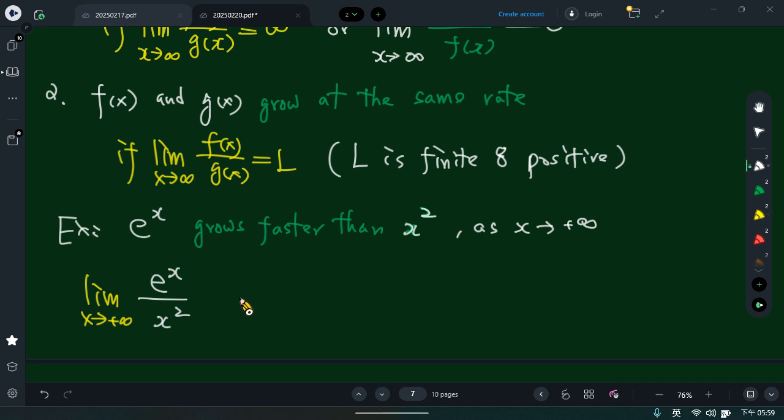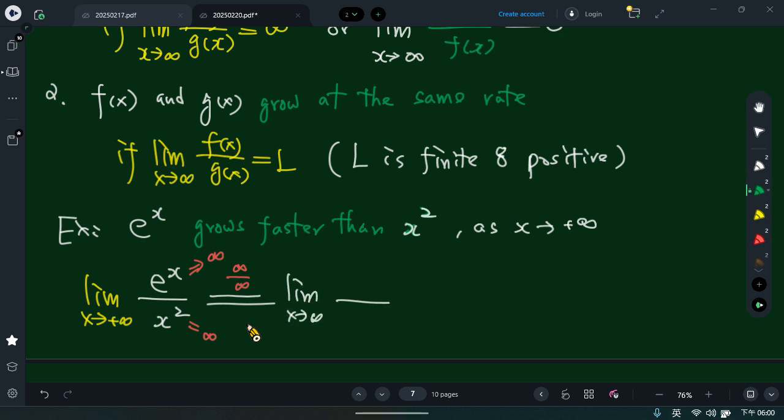If we replace x with infinity, we get infinity over infinity, so it fits the requirement for L'Hospital's rule, and we can differentiate both parts.